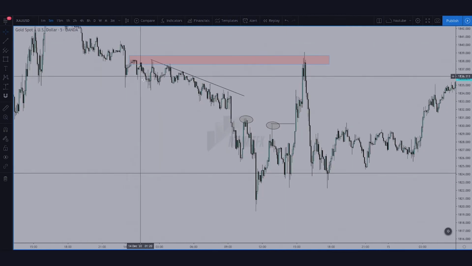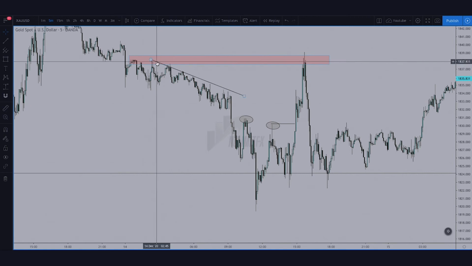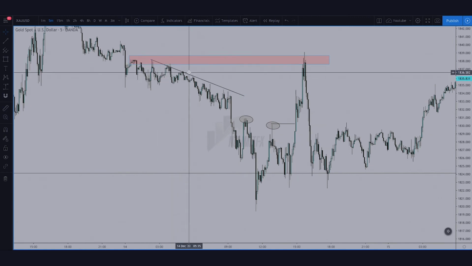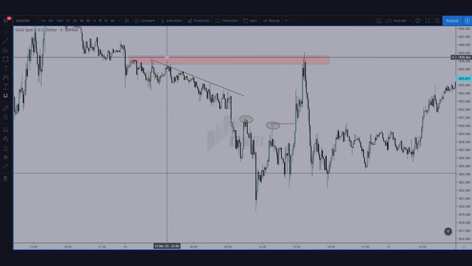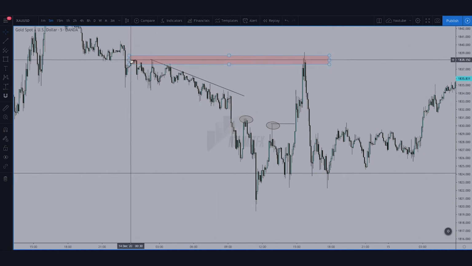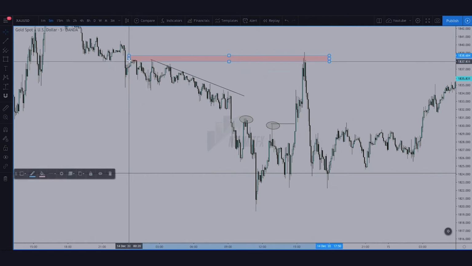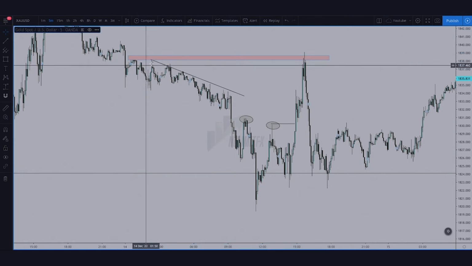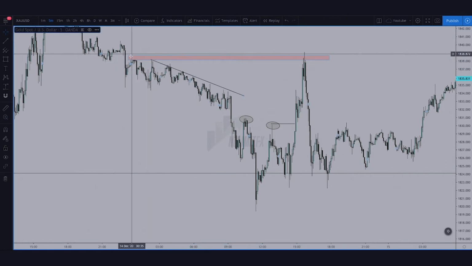We also have extra confluences by now. We have this clean trend line to the downside, which is respected multiple times. And also, what do we have here? Relatively equal highs. So this is a double top.